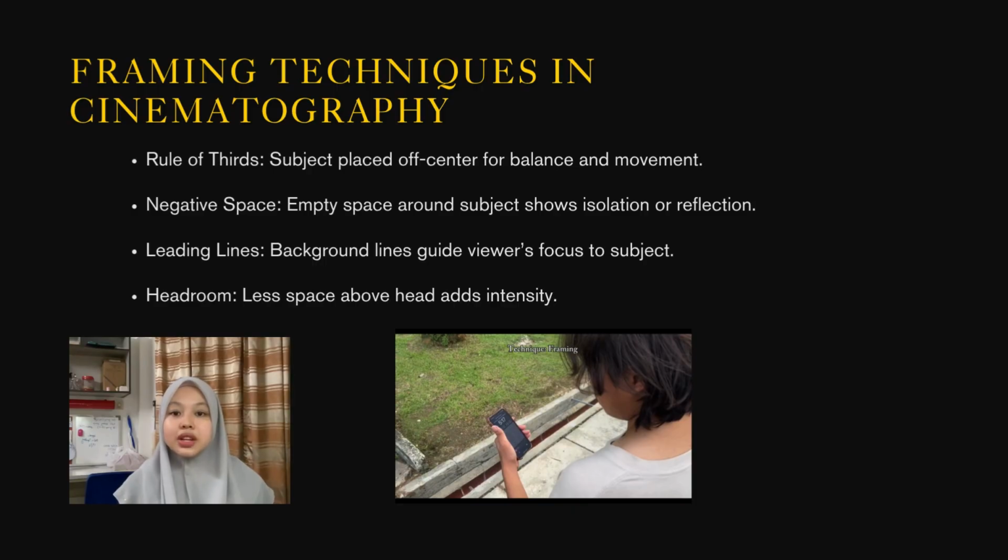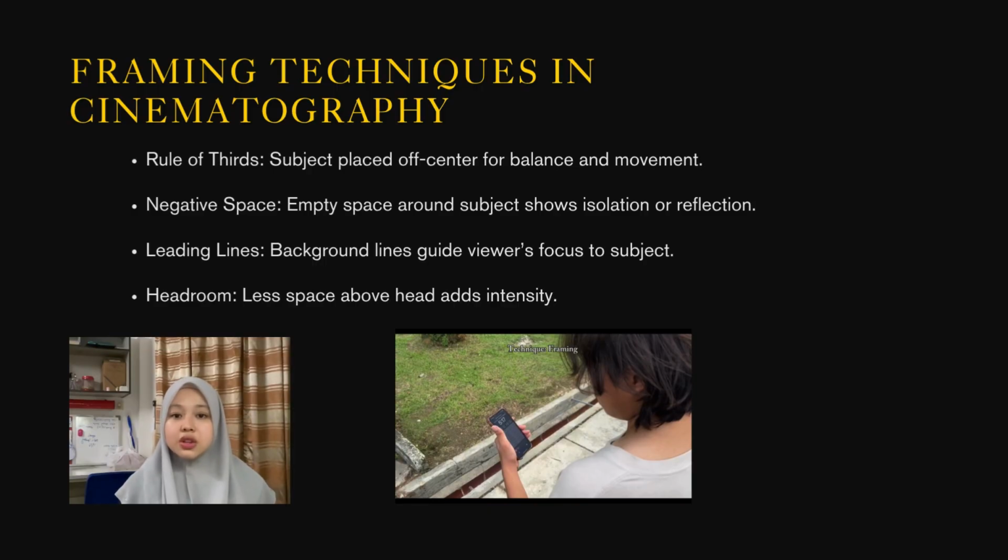In some parts, we see a lot of negative space. That means there is an empty space around the subject. This makes the character look alone or thoughtful, and it increases the emotional effect of the scenes. Also, there is a moment with tight headroom where the camera is close to the character's face, and the top of the frame is very near their head.